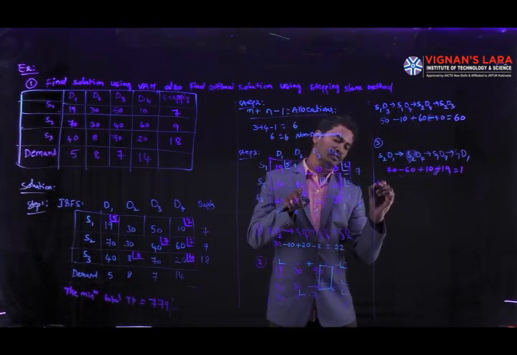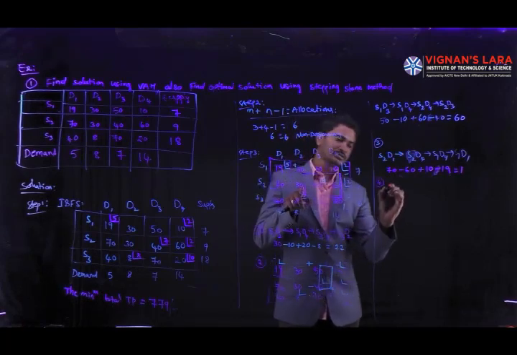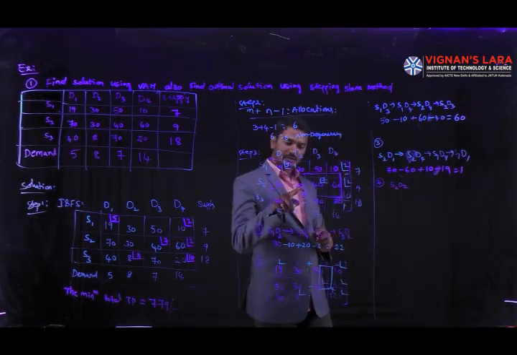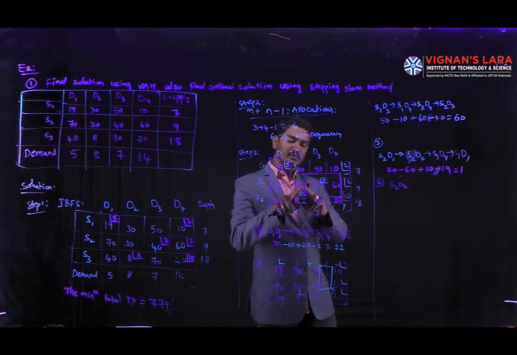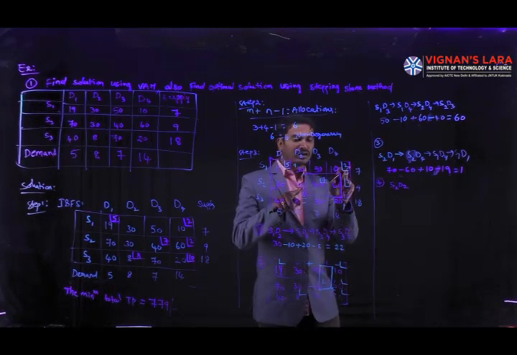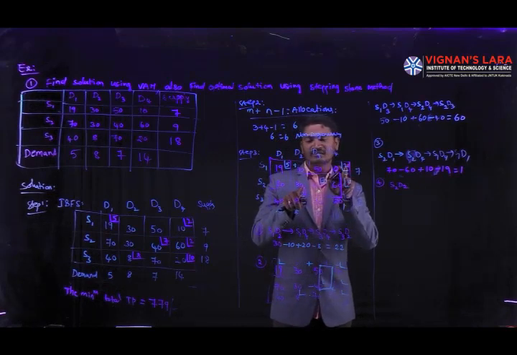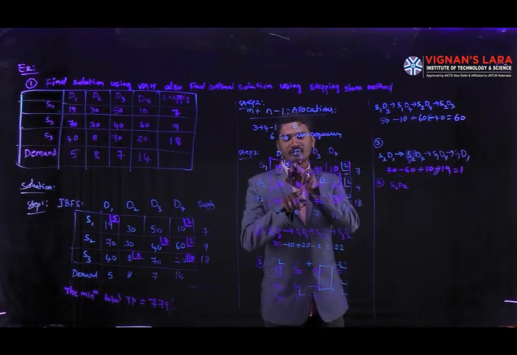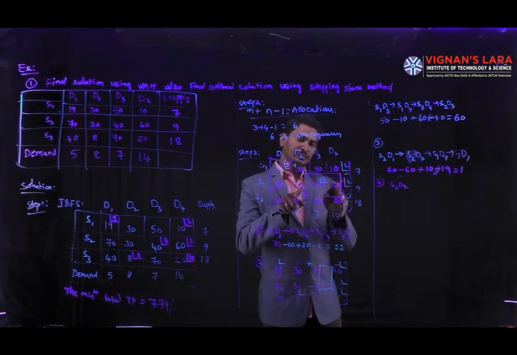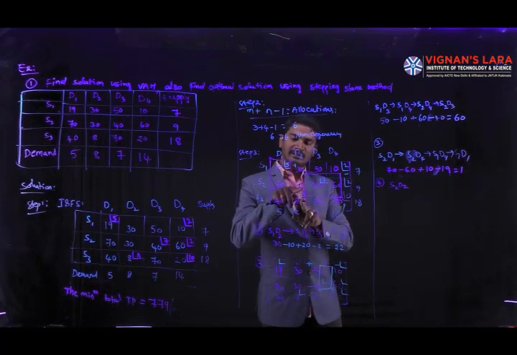So we are going to start loop 4 at S2 D2. Here we start loop 4 at S2 D2, and we come to this. If we go to S2 D4, here one allocated cell is there. If we take this and this, again we come to the third corner and we don't have an unallocated cell. That's the reason I am going to take S2 D2, S2 D4, then S3 D4, then S3 D2.